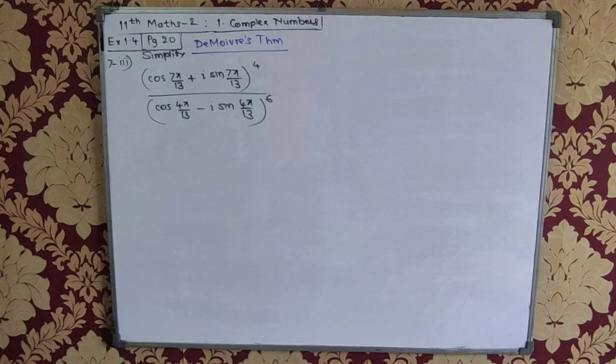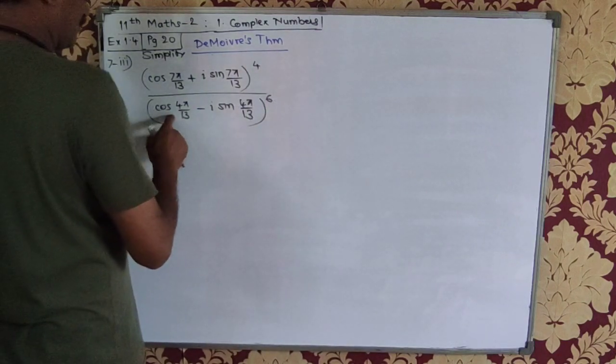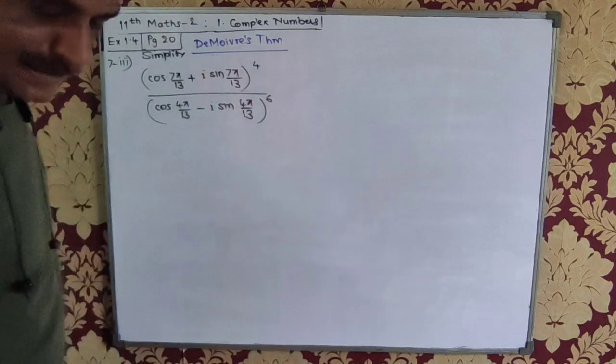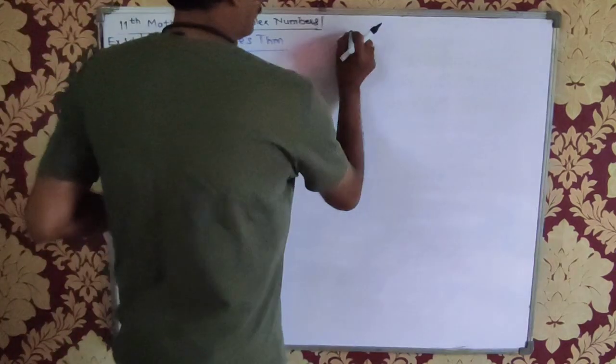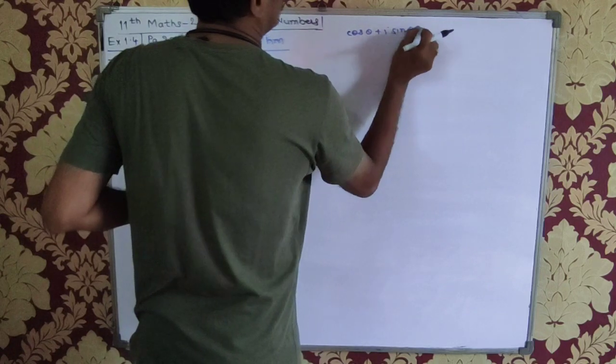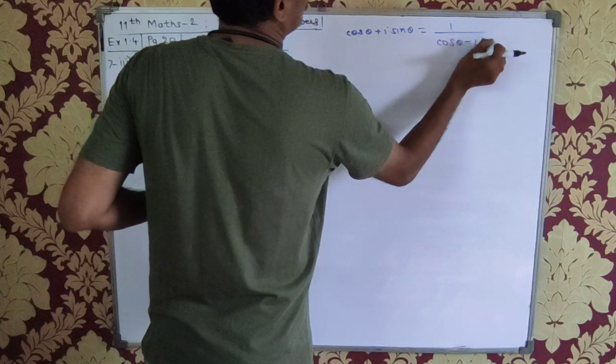Question number 7, make a 3. Simplify: (cos of 7 pi by 13 plus i sin of 7 pi by 13) raised to 4, and (cos of 4 pi by 13 minus i sin of 4 pi by 13) raised to 6. See, we have to always make use of a formula that cos theta plus i sin theta and cos theta minus i sin theta are reciprocals of each other.